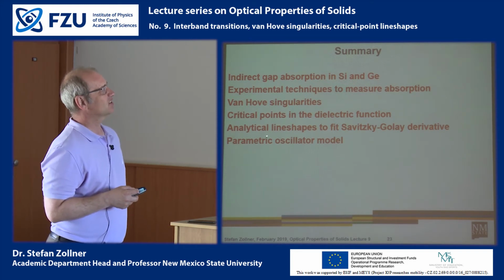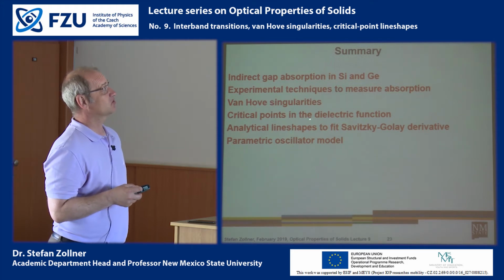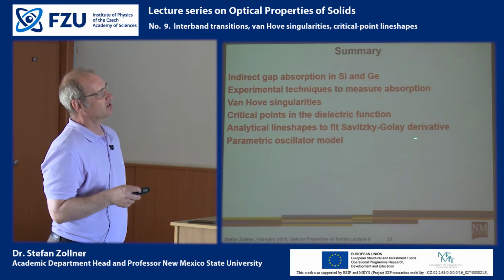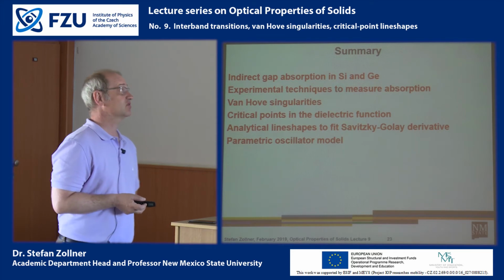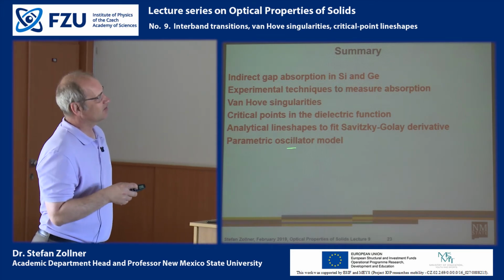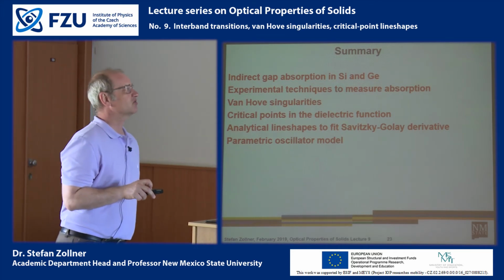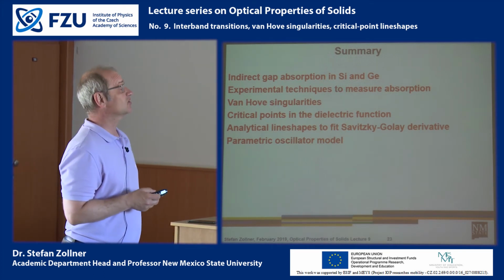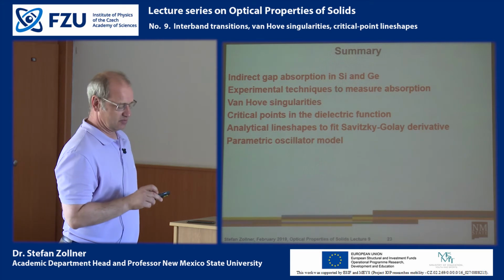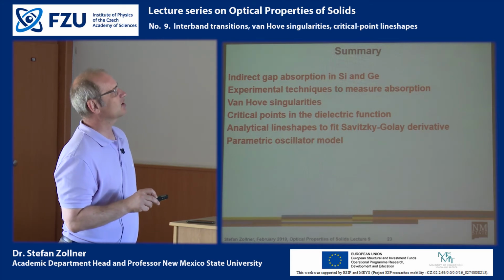And I've shown you an example on how analytical line shapes can be used to describe these critical points using this Taylor expansion, and how we used fits to these analytical line shapes to second derivatives. And then finally, I've shown you this parametric oscillator model, which is perhaps only of interest to a small number of people that really do spectroscopic ellipsometry.